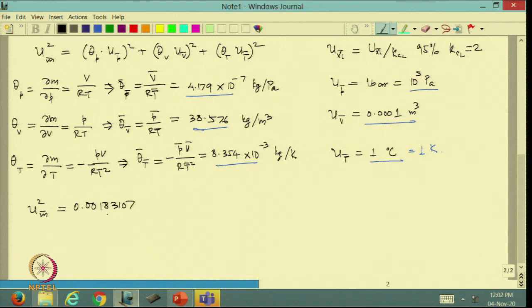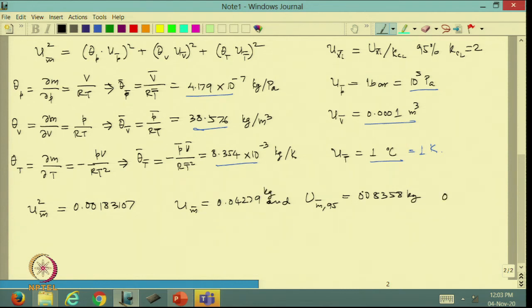I just kept so many decimals, we will round it off in a minute. With that we get u m bar as 0.04279, and u m bar at 95% confidence level is twice this value, which will be 0.08358 kg. This is also kg.